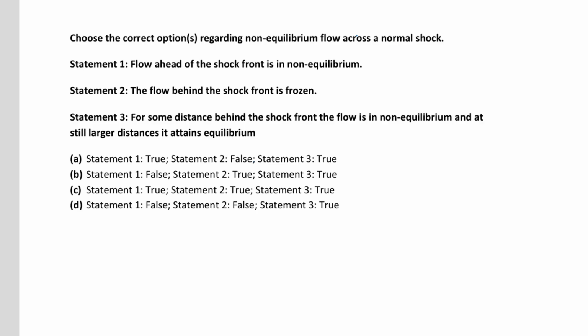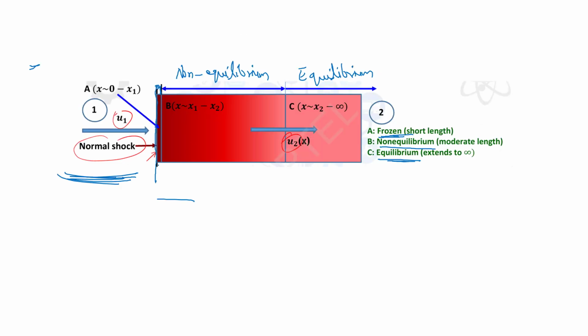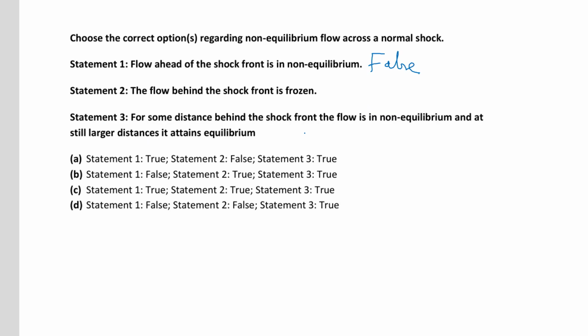So statement 1 is nothing but false. Statement 2. The flow behind the shock front is frozen. The flow behind the shock front is frozen, but only for a short distance. After that, there is also non-equilibrium and equilibrium. So this is also false.